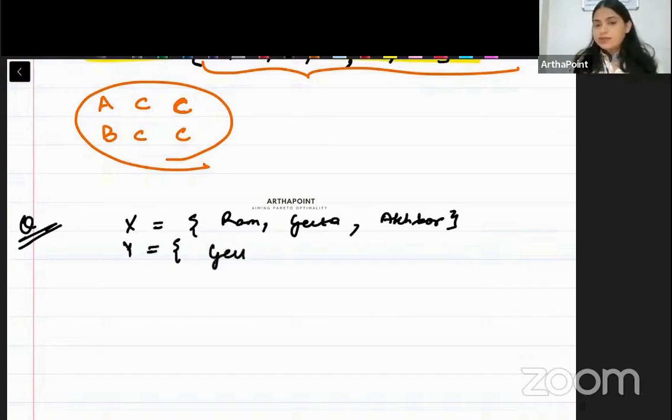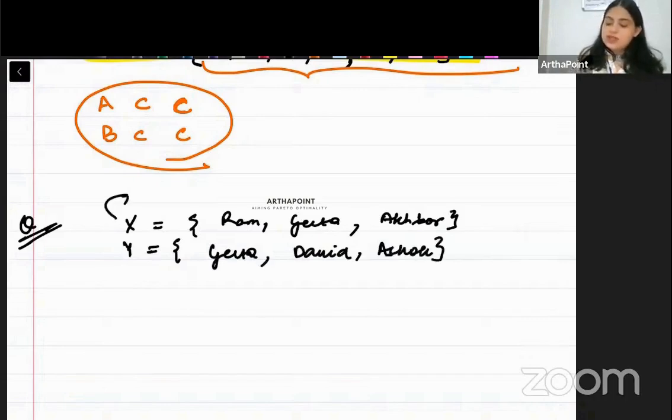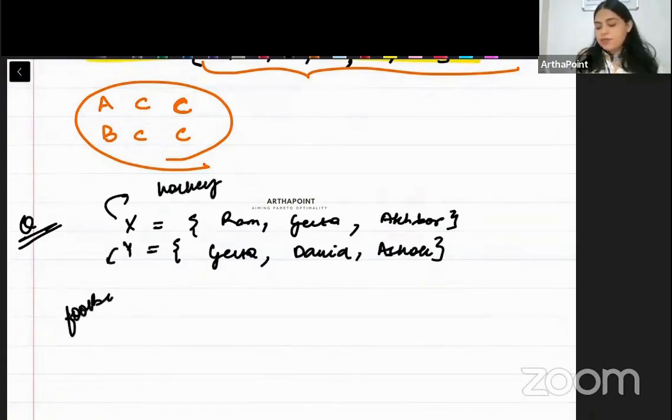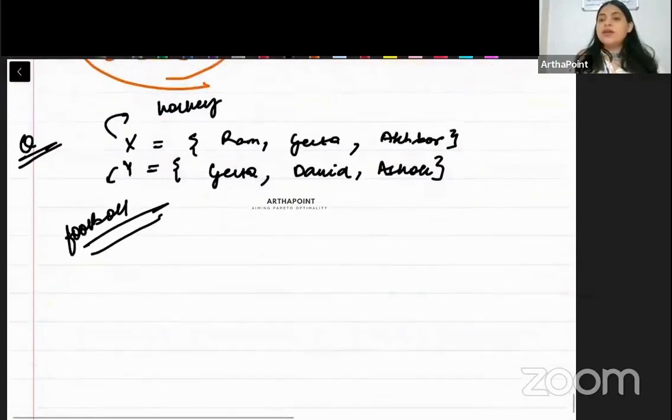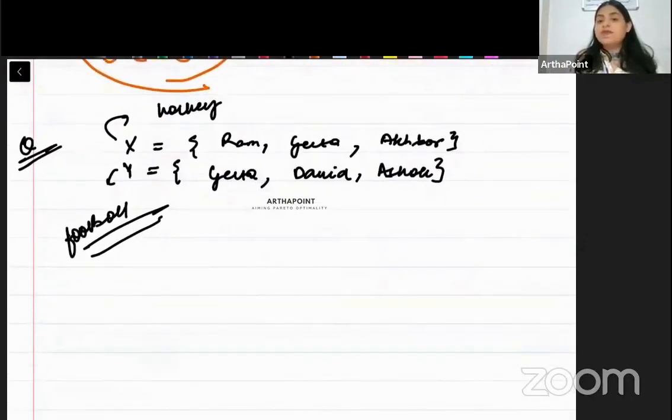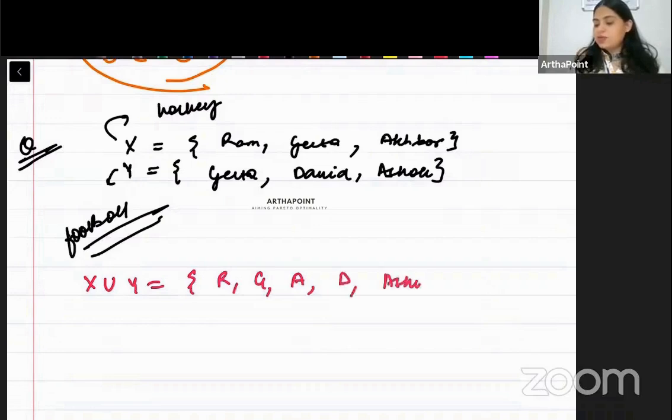So Geeta, David, and Ashok. These students, they play hockey. These play football. And now I'm asking you to find all the students of class 11th. Okay. So what you can say? You can say X union Y will be Ram, Geeta, Akbar, David, and Ashok.